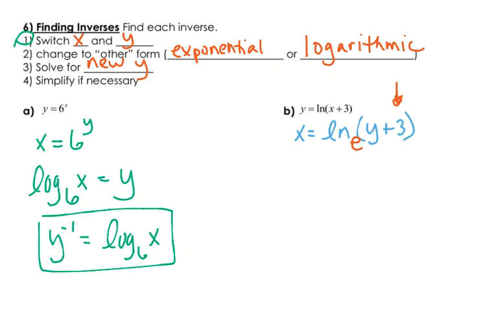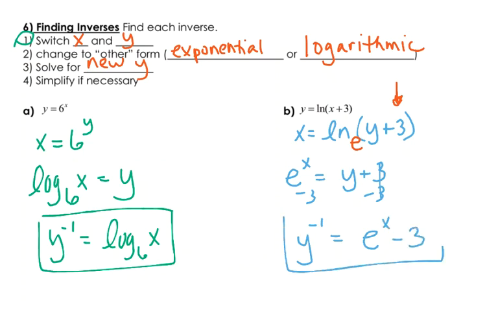So I can rewrite this as e to the x power is equal to y plus 3. So that natural log is gone. To get y by itself, just subtract 3 from both sides. And I'm left with y by itself, so I'm going to write y to the negative 1 is equal to e to the x minus 3.